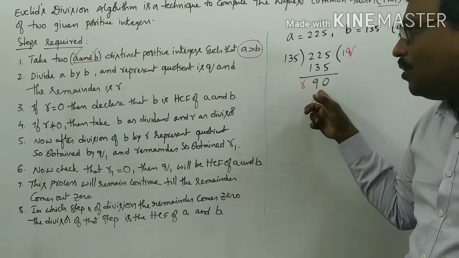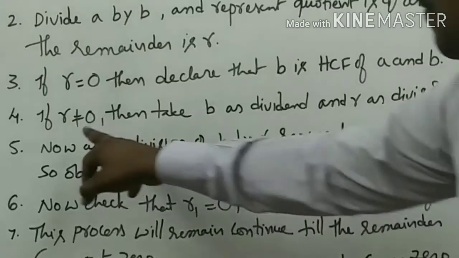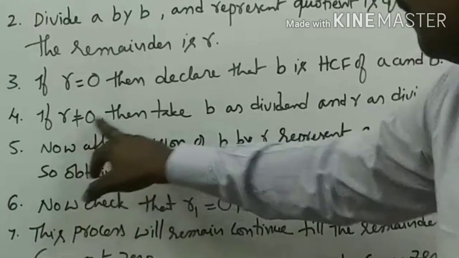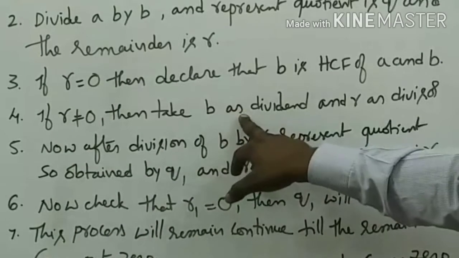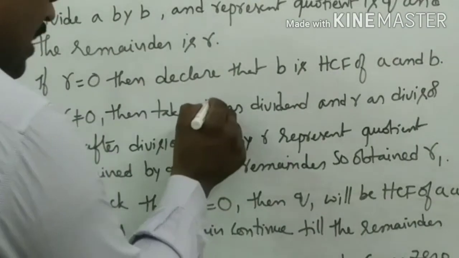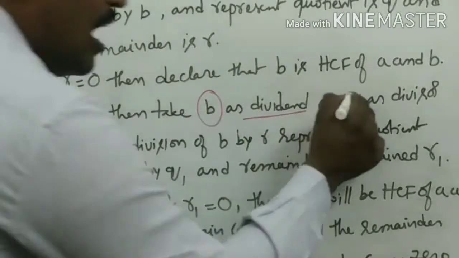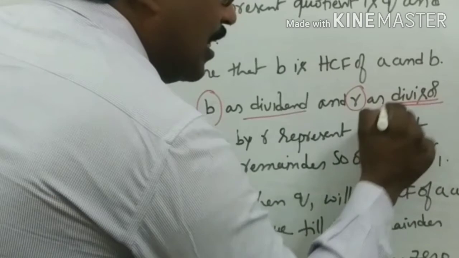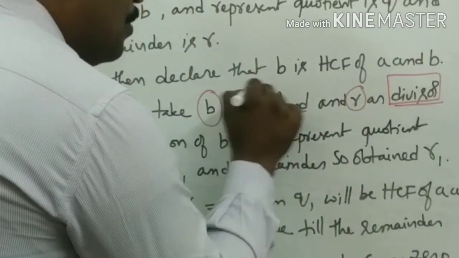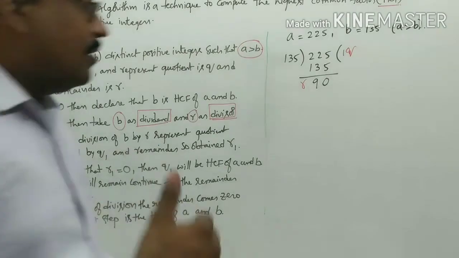Is it 0? No. If not, what should you do? If R is not equal to 0, then take B as the dividend and R as the divisor. So now your dividend and divisor are different.